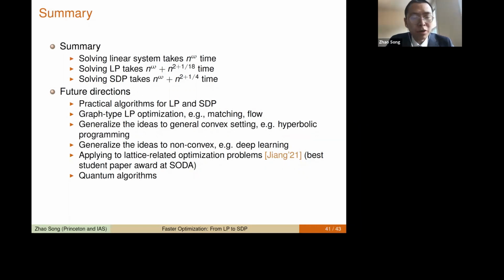If we modify the nearly sparse to exact sparse, then you can hope to get some quantum speedup. So I think it'd be interesting to see whether you can use a quantum solver, a quantum machine, to beat this n to omega in some reasonable way. Also, this line of work opens some new questions for the matrix multiplication field.